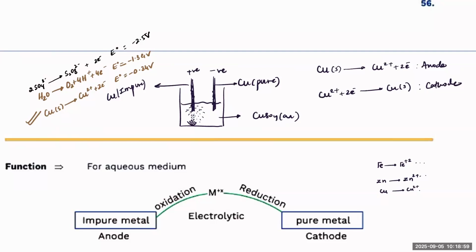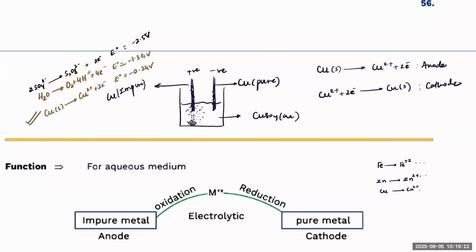So which is more feasible? Again, copper 2 plus. So copper is getting oxidized, copper 2 plus is getting reduced. In a way, here only the copper is getting deposited on the copper. So 100% pure copper is getting deposited on the surface.